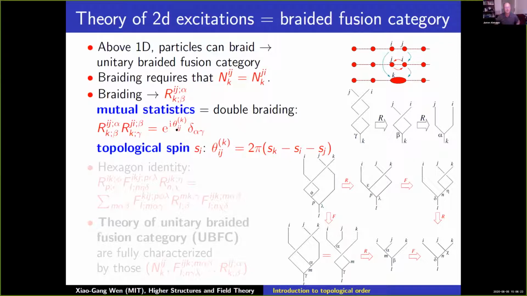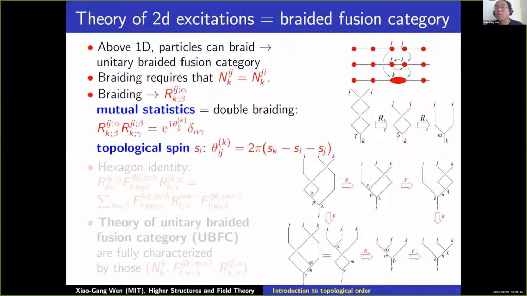Why can't it be something more non-abelian? Here there's actually a little bit more non-abelian structure. Let me explain. This phase factor doesn't just depend on i and j, it also depends on what i and j fuse into, say k. i and j can fuse into k1 or k2, and depending on this different fusion channel, the phase can be different. That's only a little bit of non-abelian structure.